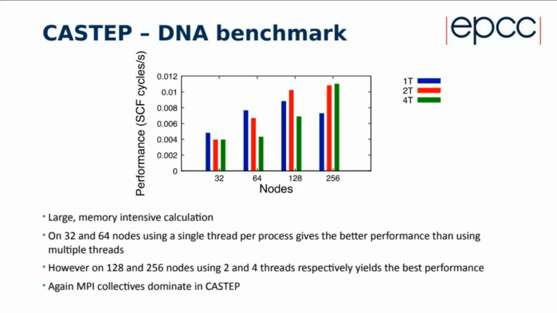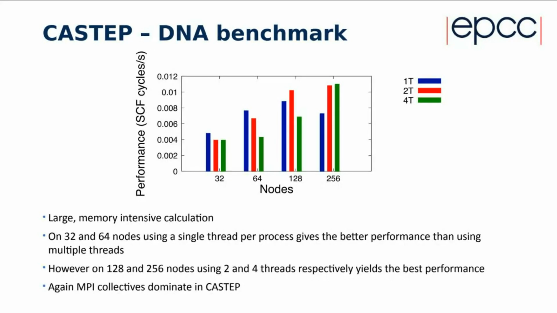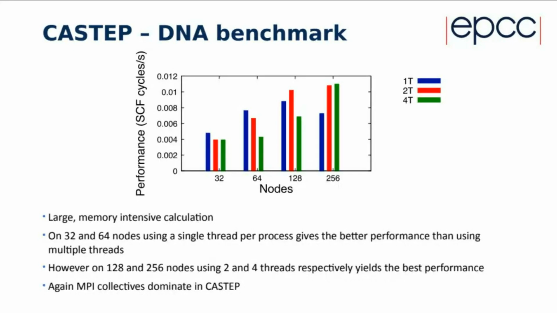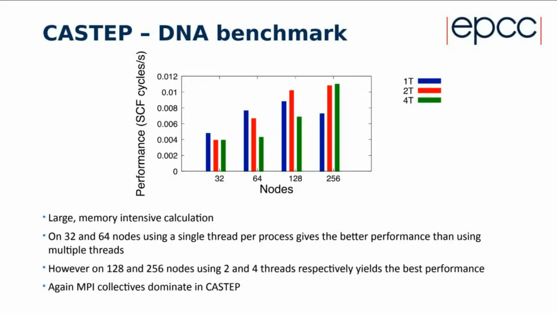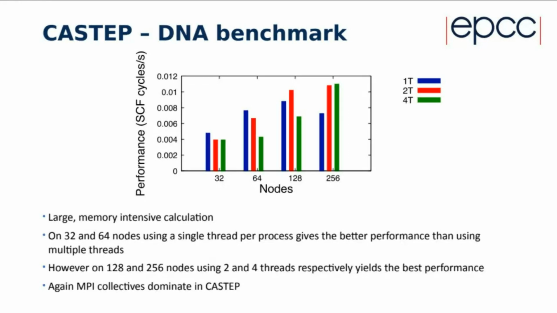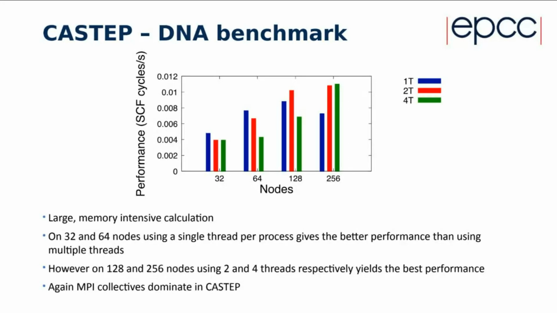However, when you start to scale out, you can see on 128 and 256 nodes, using 2 threads per process or 4 threads yields better performance. Again, in CASTEP, MPI collectives seem to dominate the runtime, so this is due to the effect of reducing the communications overhead with multiple threads.